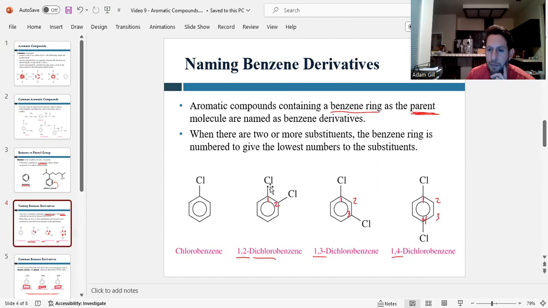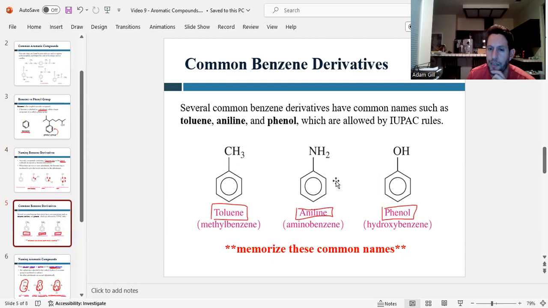If we have multiple substituents, we need numbers to specify where they occur. A single substituent does not need a number. And there are three common benzene derivatives that you need to know the names of. Methylbenzene is known as toluene. An NH2 attached to benzene is known as aniline. And an OH attached to benzene is known as phenol.